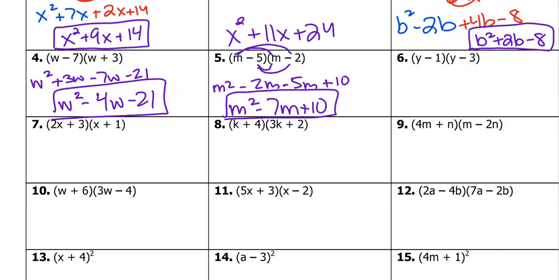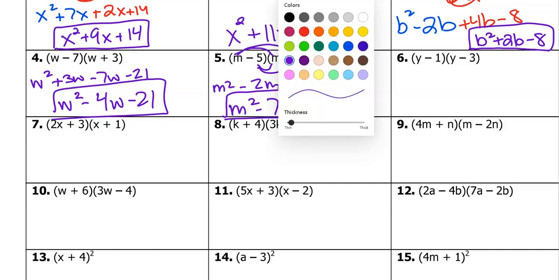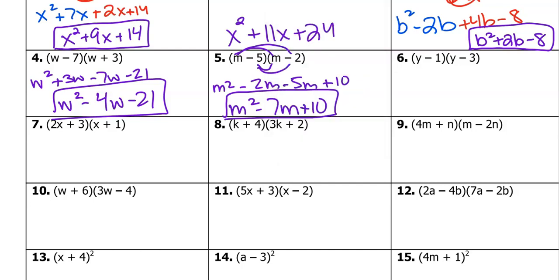Do you want me to do 7, 8, or 9? Pick one. 7. All right, we have 2x plus 3 times x plus 1. Does my order change? Because there's a coefficient all of a sudden there. No, order stays the same. So 2x times x is 2x squared, because technically it's 2 times 1 and then x times x.